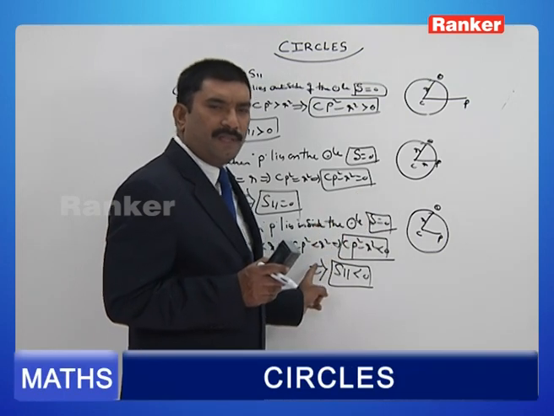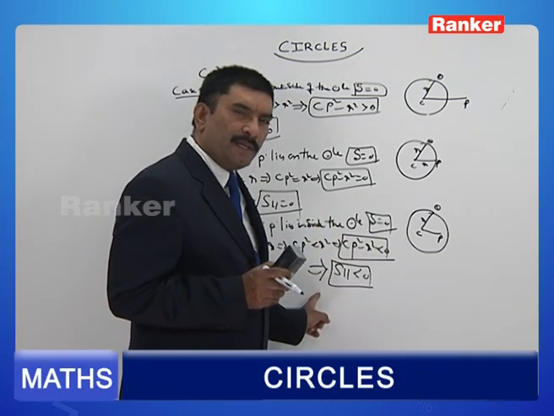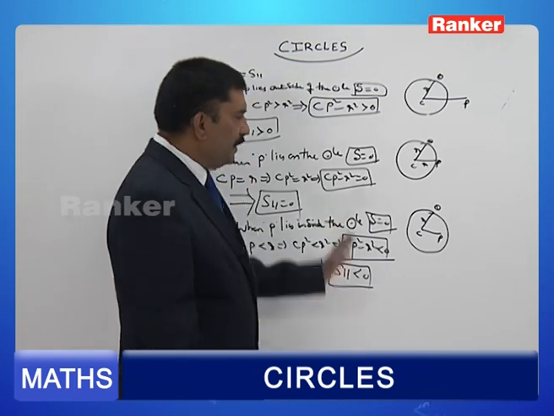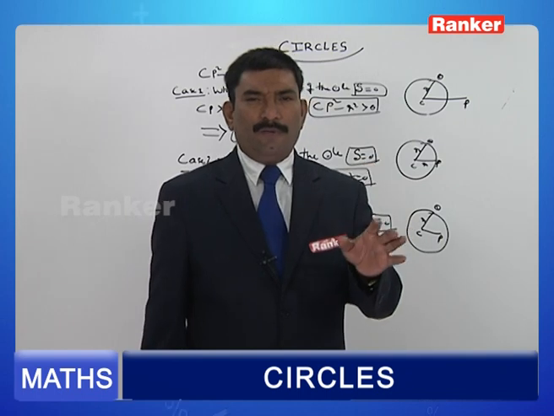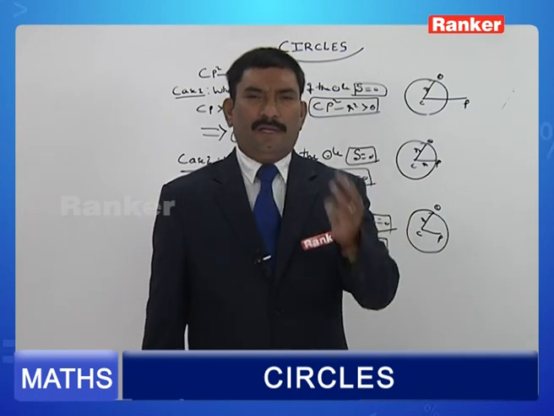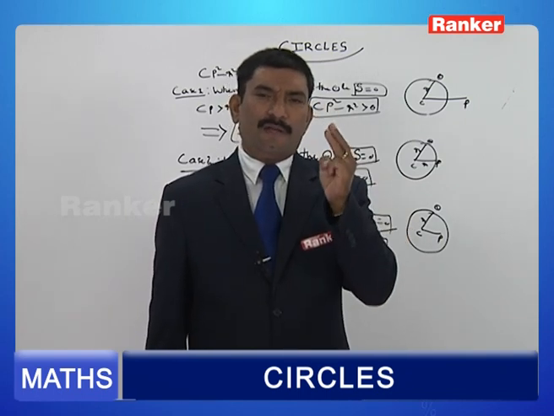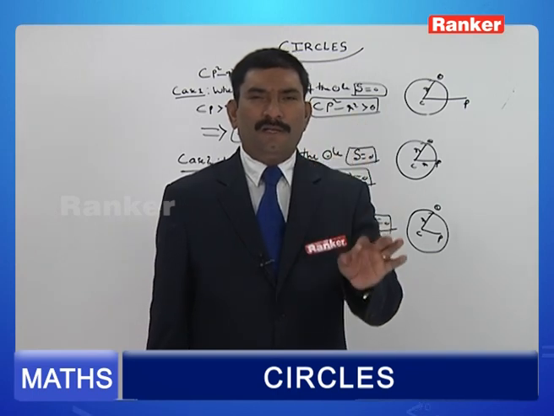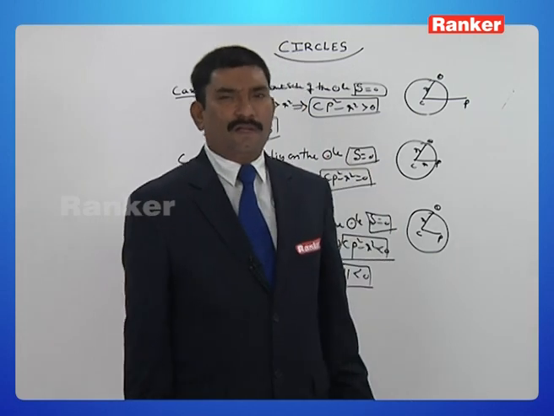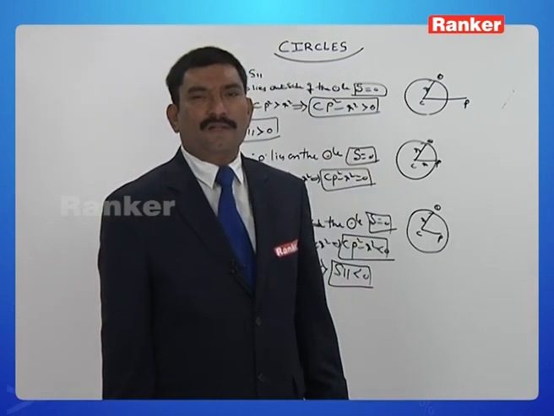When the point lies inside the circle, S11 is less than 0. So this is about the position of a point P with respect to the circle in 3 positions: one is inside the circle, one is on the circle, and one is exterior to the circle, I mean outside of the circle.